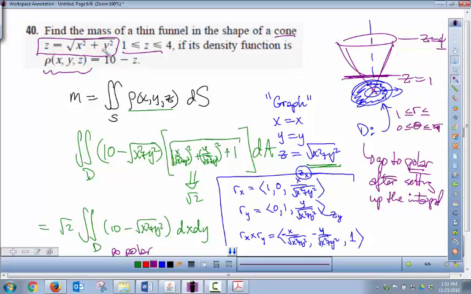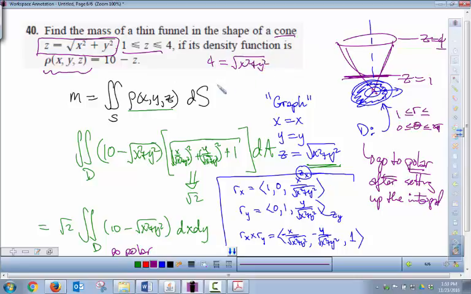So it's x squared plus y squared, the square root is equal to 4. I think it's 2. Convince yourselves? Do I need to convince you? Z is equal to 4.